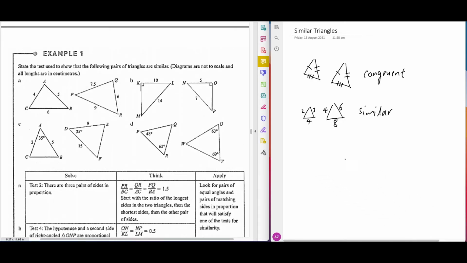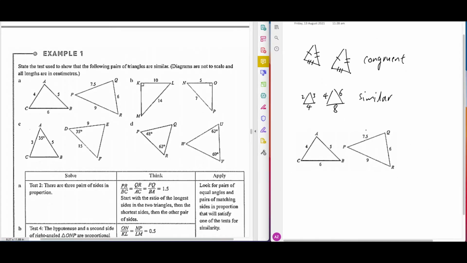So if you have those two triangles and I want to know if they're similar, what I can do is just find the ratio of all the sides. And this is how you do it. You just find the longer side in this triangle, which is 9, and the longer side in this triangle, which is 6. To find the ratio, you just have to do 9 divided by 6.